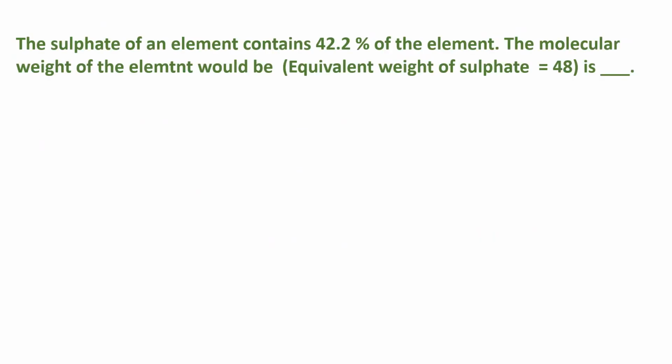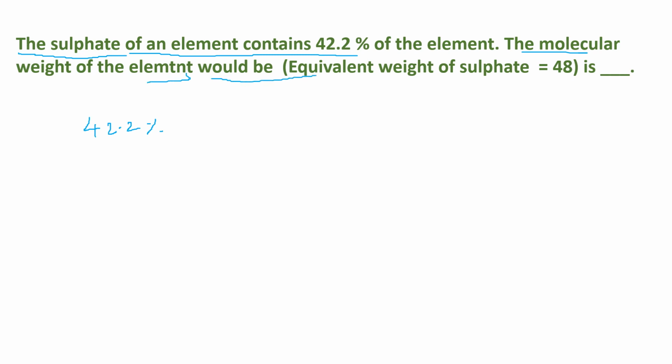So next problem, if you go through that. The sulfate of an element contains 42.2% of the element. Then the question asks what the equivalent weight of the element would be.